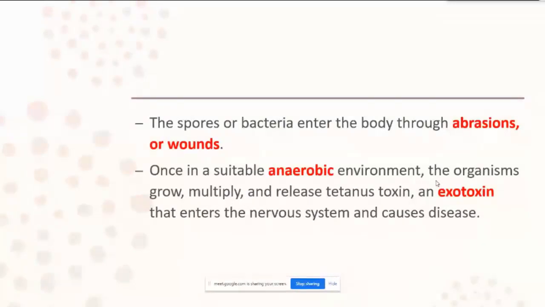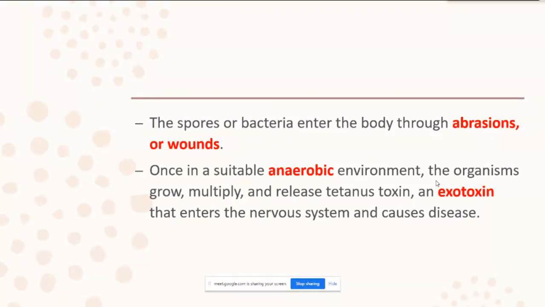Once in a suitable anaerobic environment, for example a deep-seated wound, the organisms grow because it is anaerobic. So any superficial wound is unlikely to be contaminated, but a deep wound, especially if the patient has a bandage over the wound, will create an anaerobic environment. It will encourage the cultivation of these spores and they will develop into mature bacteria.